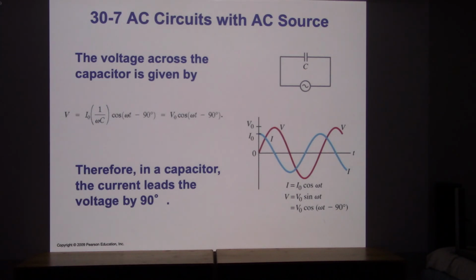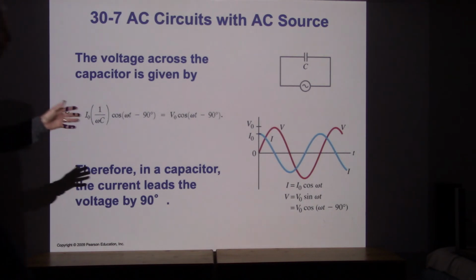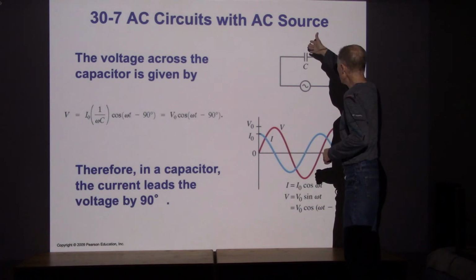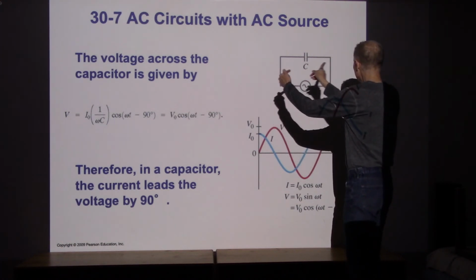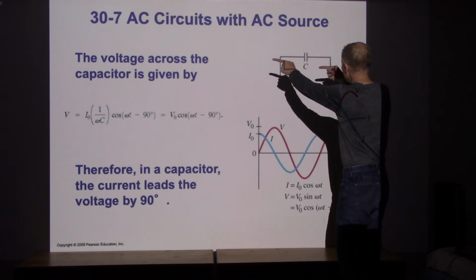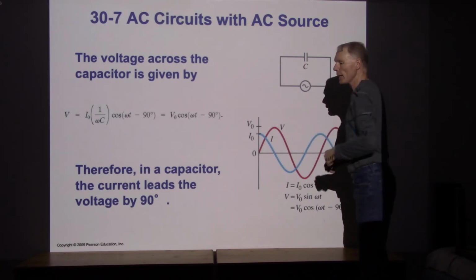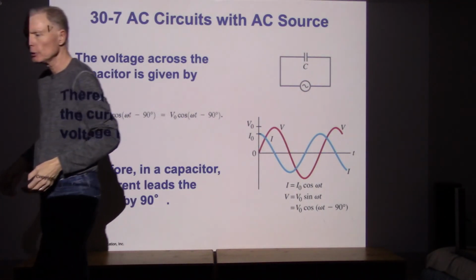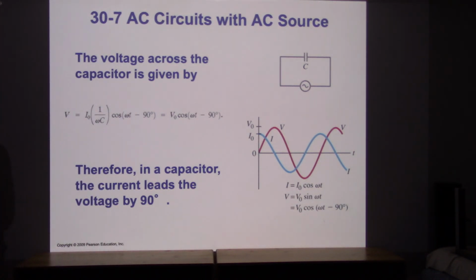So if I drive it with an AC, it's like the circuit never figures out that the capacitor actually has a gap in it. So current goes through the capacitor in this direction, it goes this way, and I never fully charge the capacitor. And so it works fine. I can have a capacitor in an AC circuit, and the current just keeps oscillating back and forth through the capacitor.